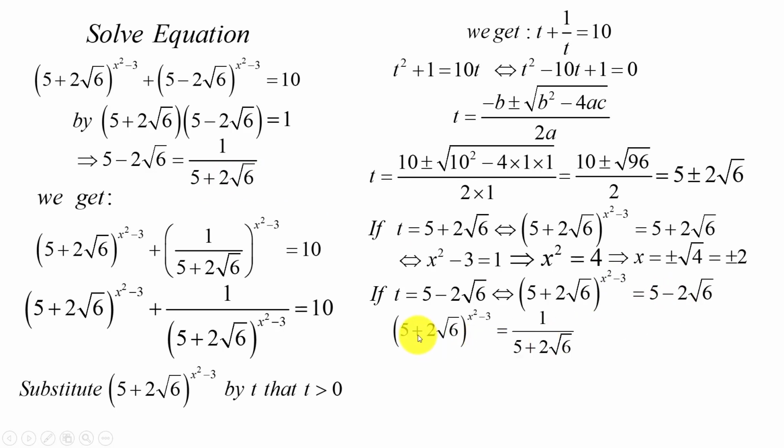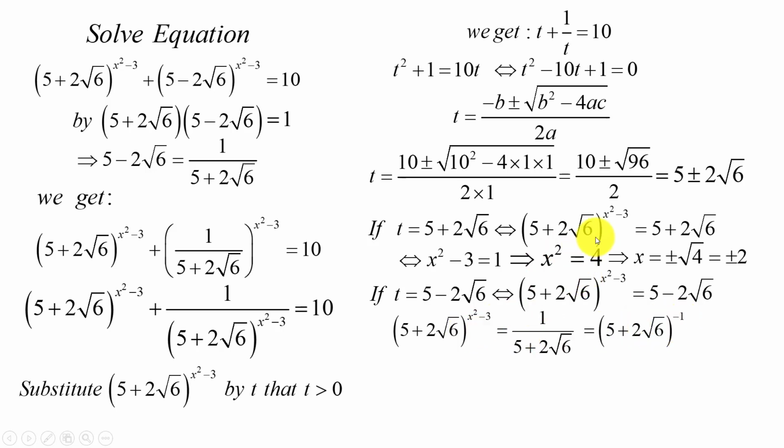So we get (5 plus 2 square root 6) all power x squared minus 3 is equal to 1 over 5 plus 2 square root 6. If I change it from the denominator to the numerator, we get it to the power of minus 1. So we get 5 plus 2 square root 6 to the power of minus 1.